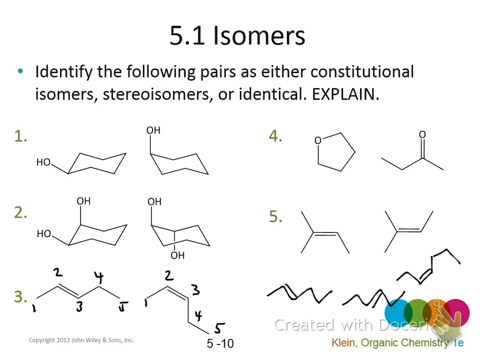The way you make that determination, a lot of people have trouble with this. Draw a line here. I've got a hydrogen here, and I've got a hydrogen here. The hydrogens are on different sides of the line. They're trans.